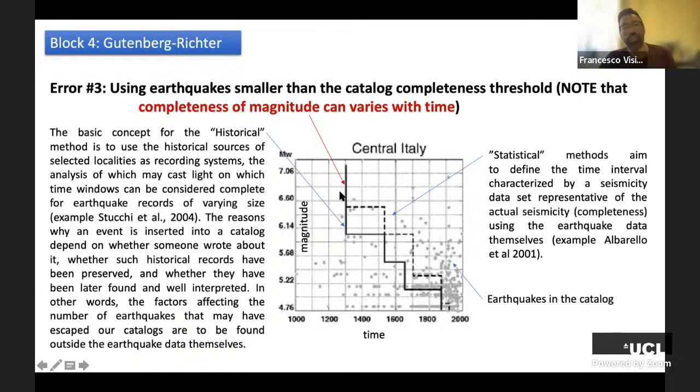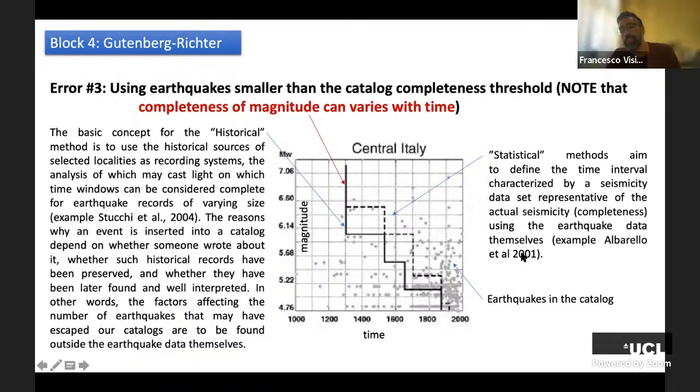The historical method is basically based on something that is external to the catalog. So, for example, some people wrote about the earthquakes' effects in some towns, and so we can say we have historical records that have been preserved, and for magnitude 6 and above, probably I have all the records starting from the 12th century and so on.